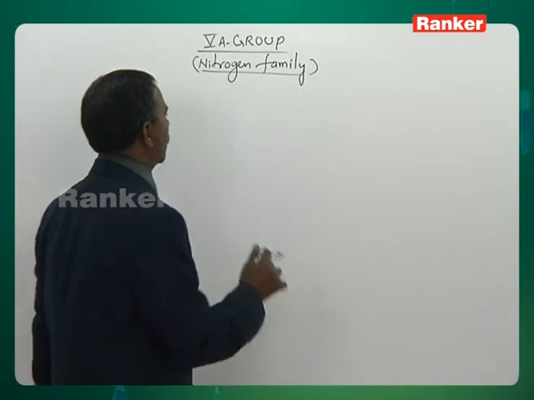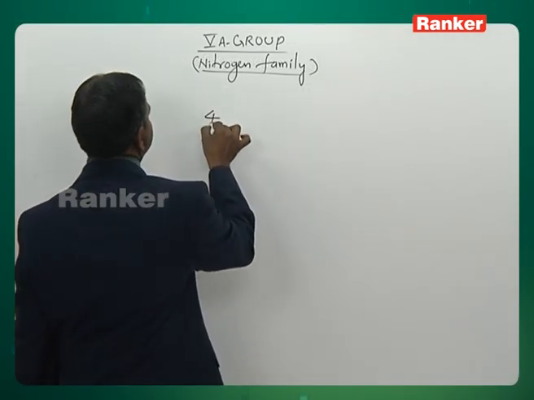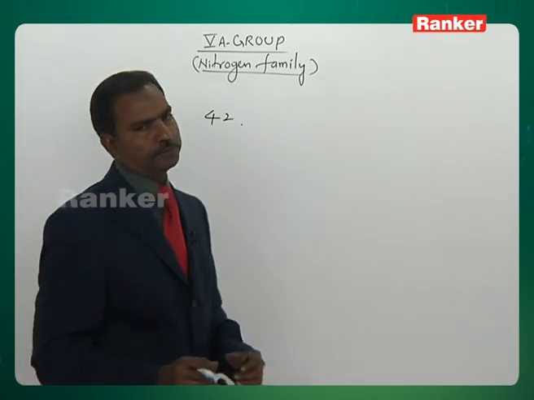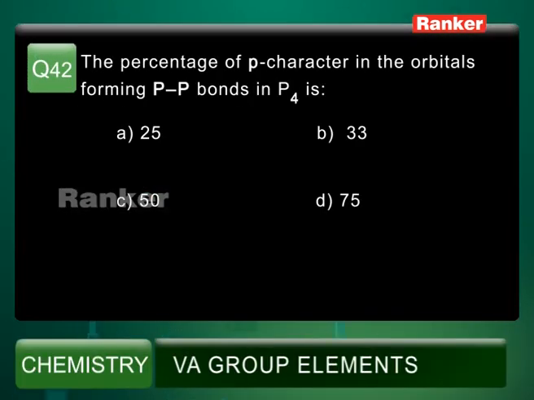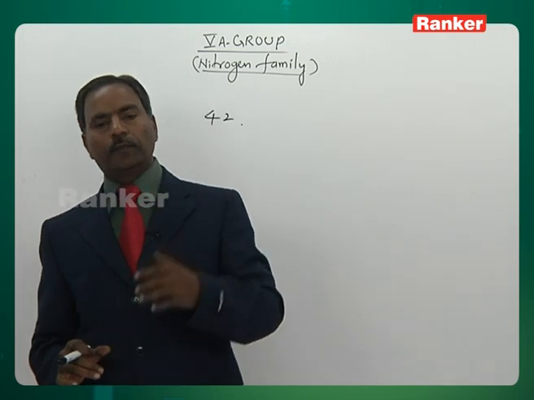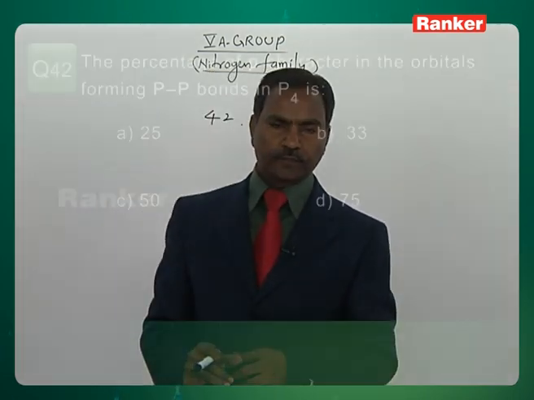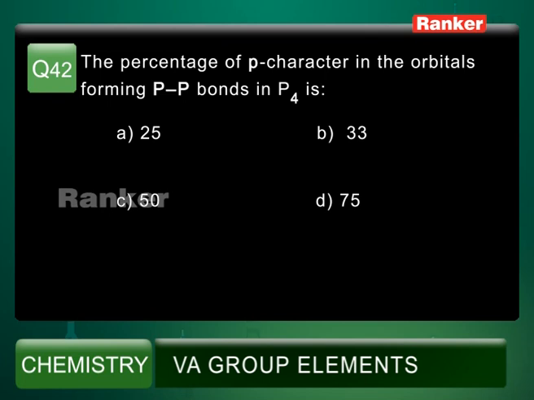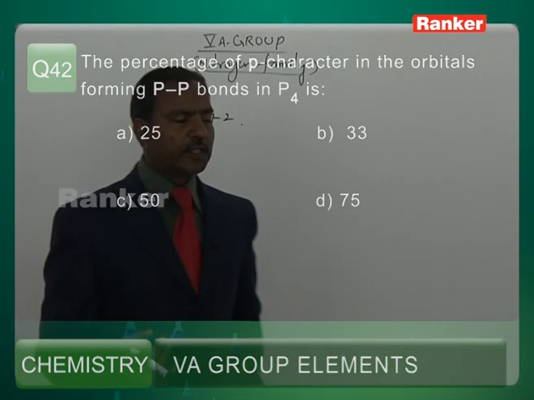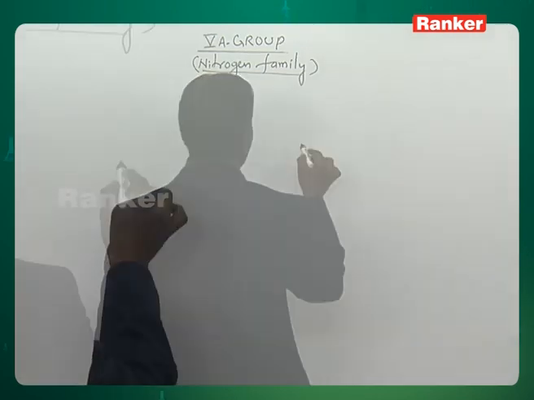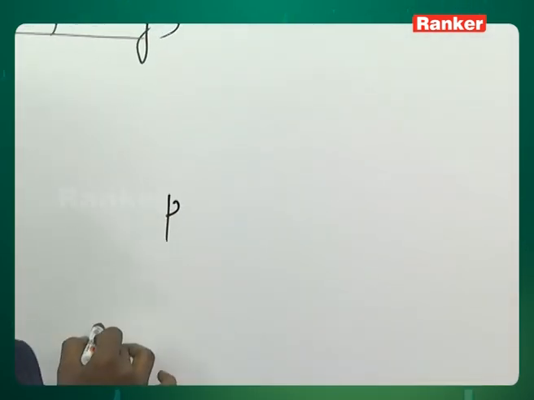Question number 42. The percentage of p character in the orbitals forming P-P bonds in P4 is: A, 25%; B, 33%; C, 50%; D, 75%. See, in the case of phosphorus, the P4 structure is this.